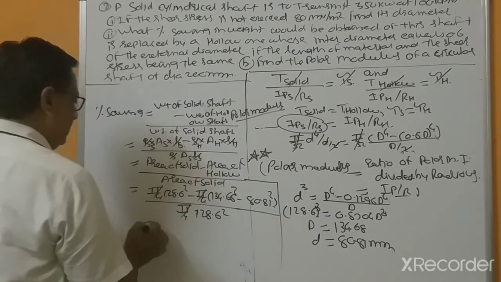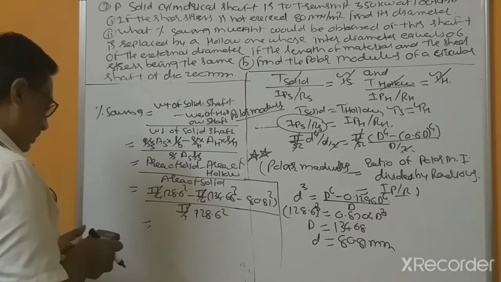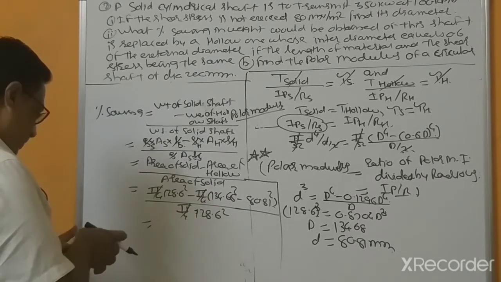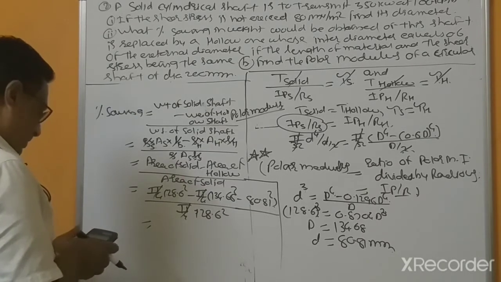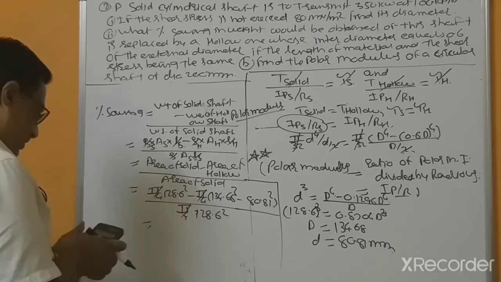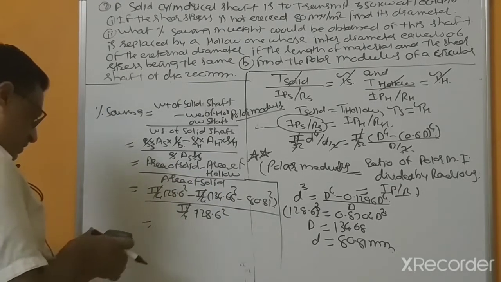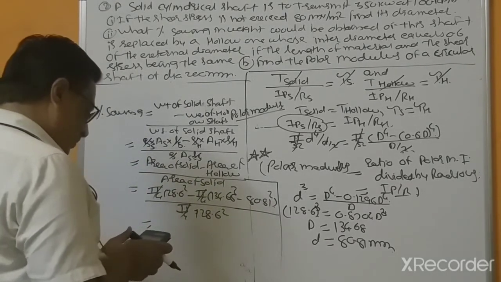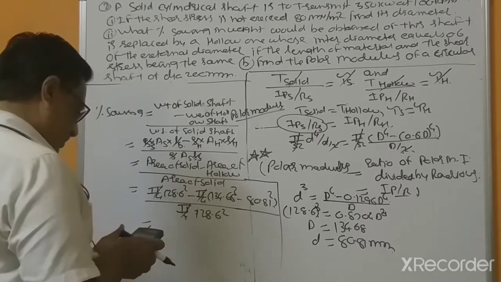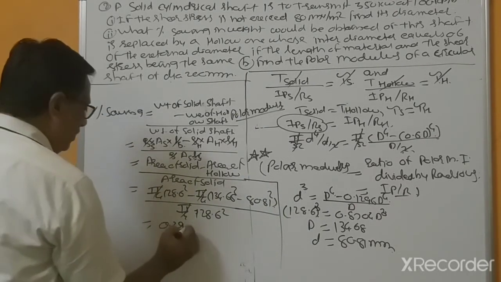This will get cancelled. Now 1 minus bracket 134.68 square minus 80.81 square bracket close, divided by 128.6 square, equal to 0.2980.